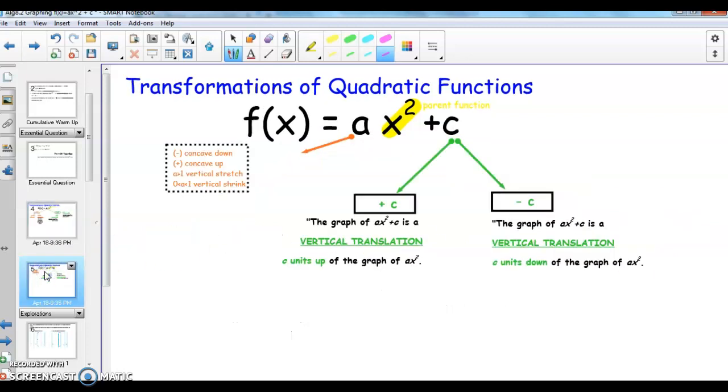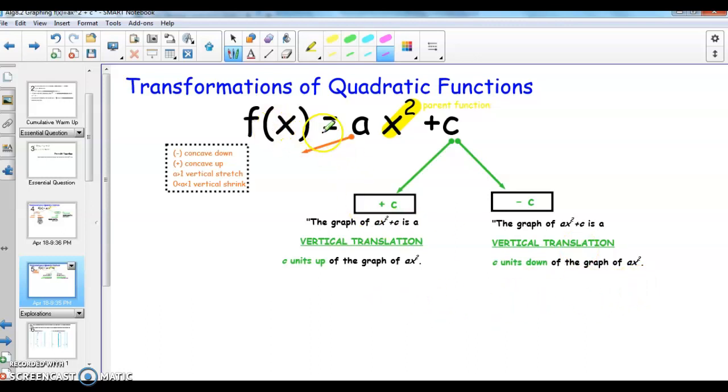In this lesson, we will take a look at the effect of adding or subtracting a c to the parent function or to the function ax squared, and talk about vertical translations that are either upward or downward.